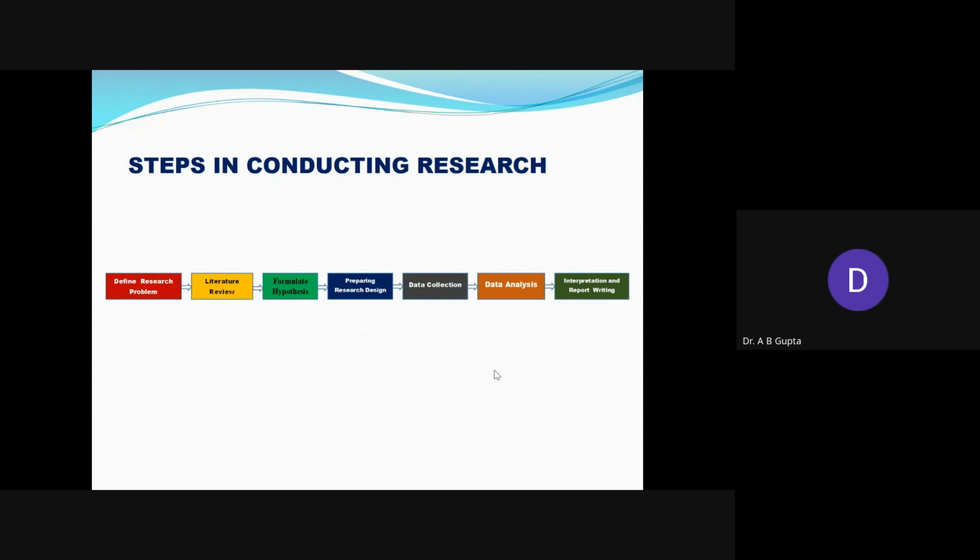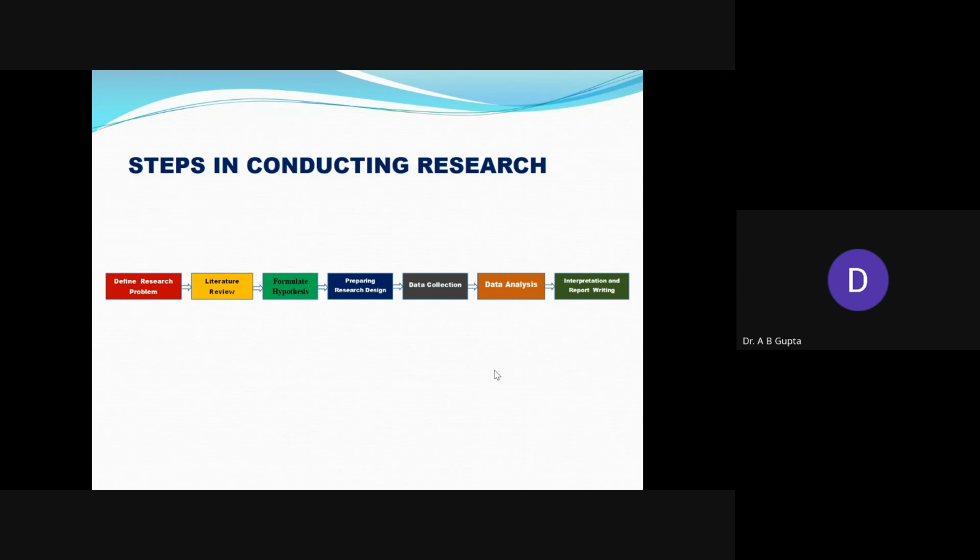Then you go to the next step, data collection. Collecting the data, again, very important aspect of research. Once collection of data is over, then again you move to the next step, that is data analysis. And my friend, the last step in conducting research is interpretation of the data and report writing.